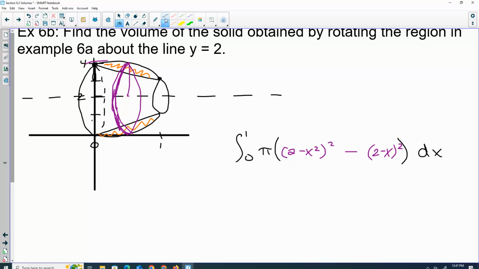Alright, so we don't have to rotate around an axis. It's much nicer, but we could rotate around any horizontal or vertical line. Why is it 2 minus? Because you're already starting at 2, and so your radius is that 2 to whatever point. Alright, so if we start foiling this up, we get 4 minus 4x squared plus x to the 4th. Minus 4.